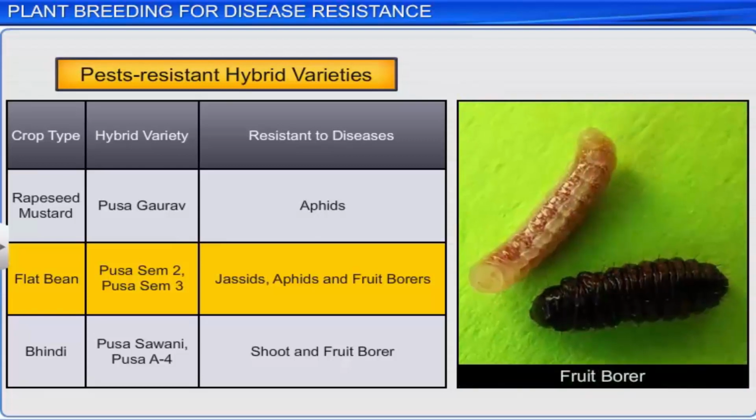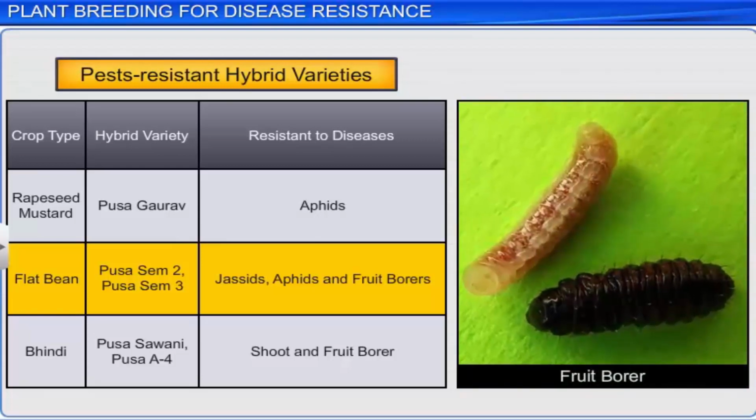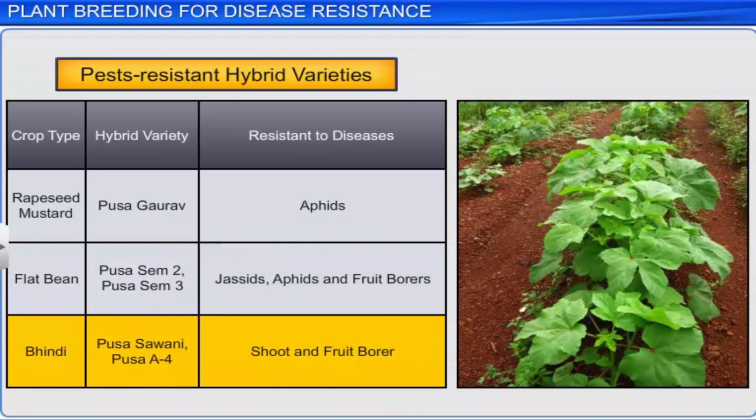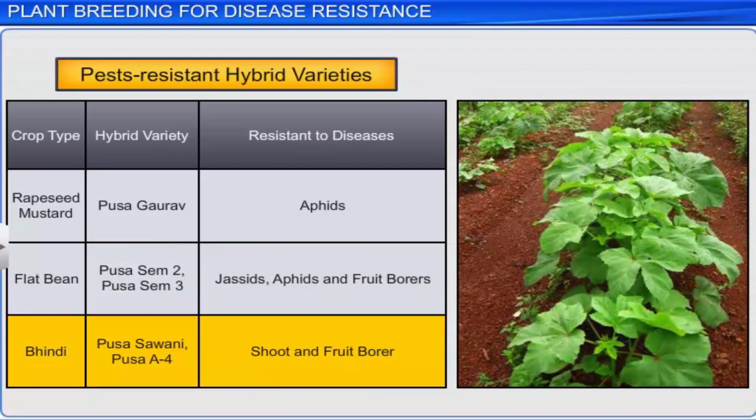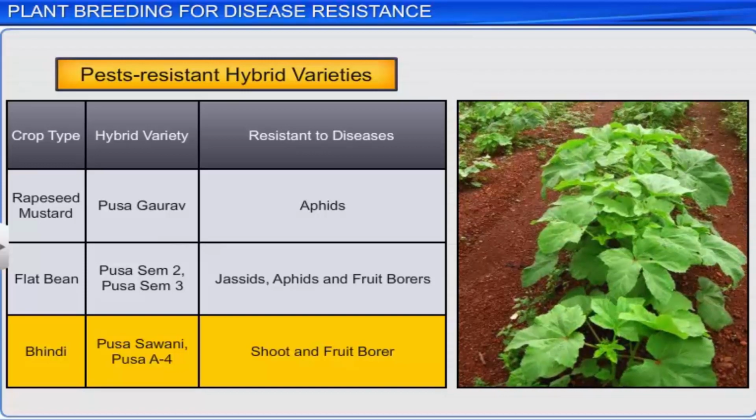And hybrid varieties of bhindi, Pusa Sawani and Pusa A4, are resistant to shoot and fruit borers.